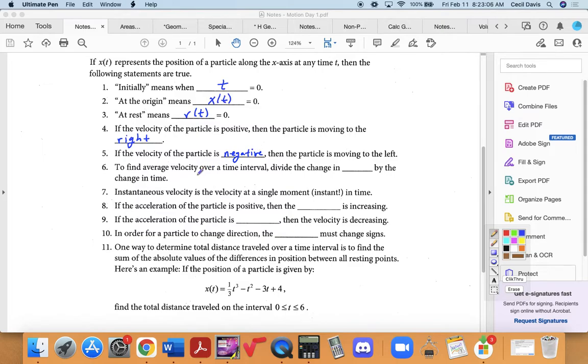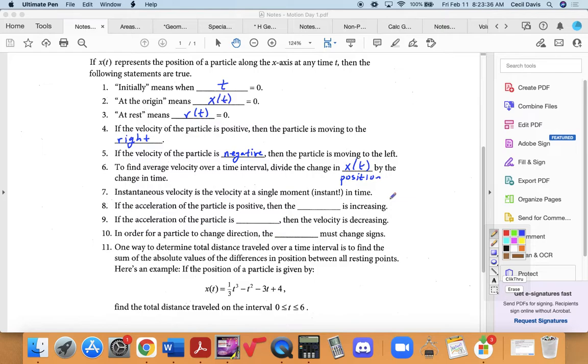To find the average velocity over a time interval, divide the change in what by the change in time? Position, x of t. Change in position over change in time gives you the average velocity. Instantaneous velocity is the velocity at a single moment in time.